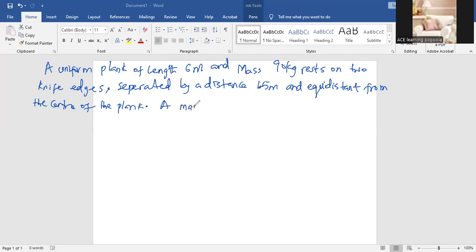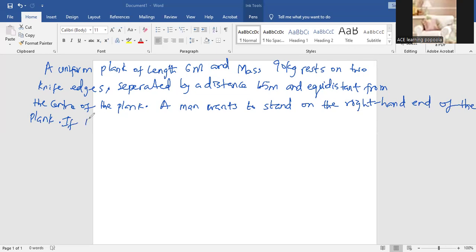A man wants to stand on the right hand end of the plank.